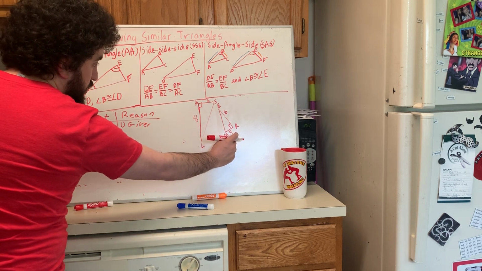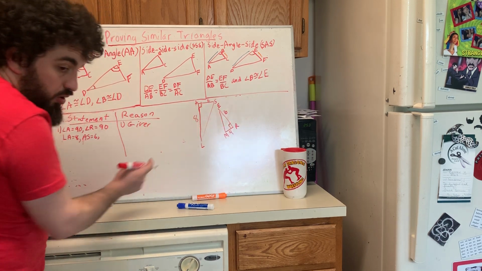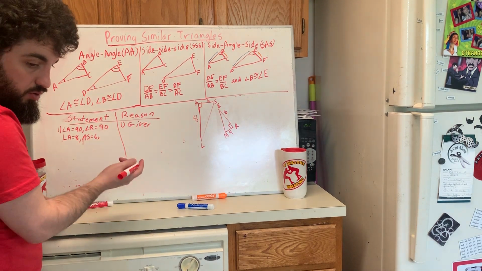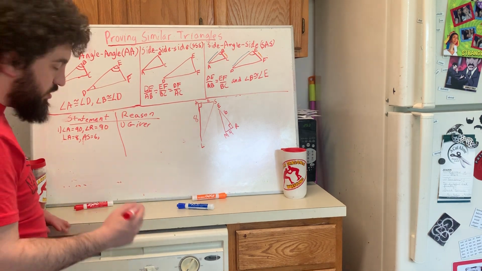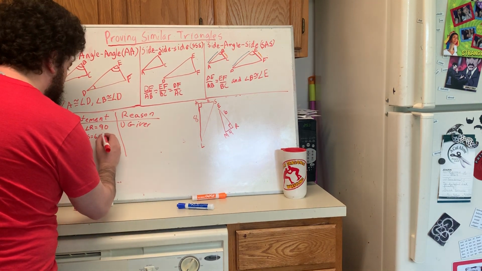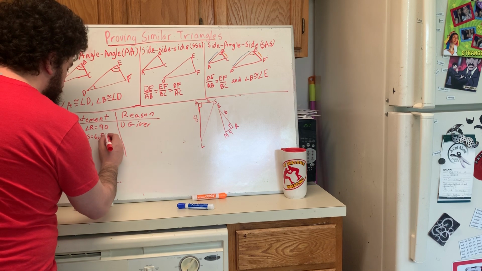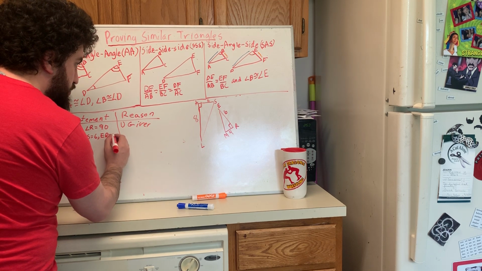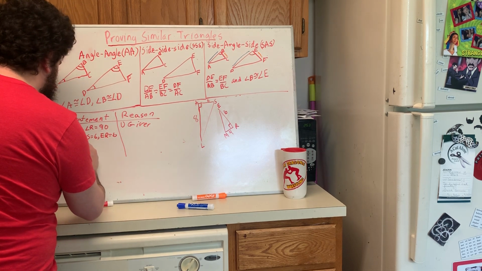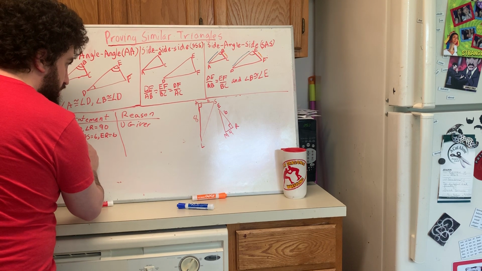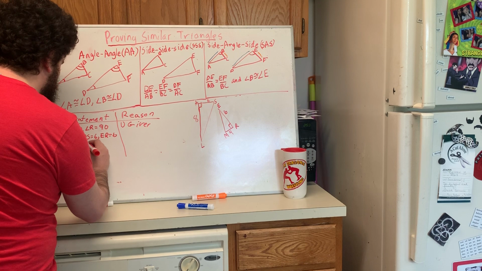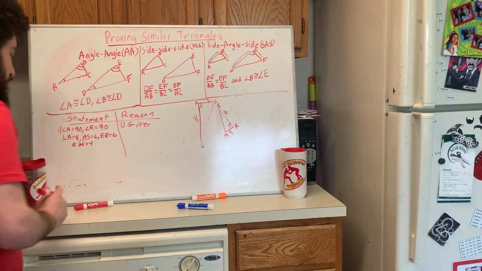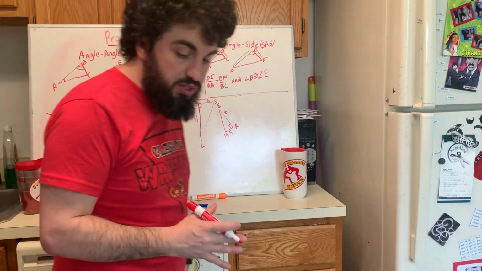Then I know RE, or ER. Sorry, that was the way I went before. ER is equal to 6. And I finally know that RM is equal to 4. All that information's given to me.